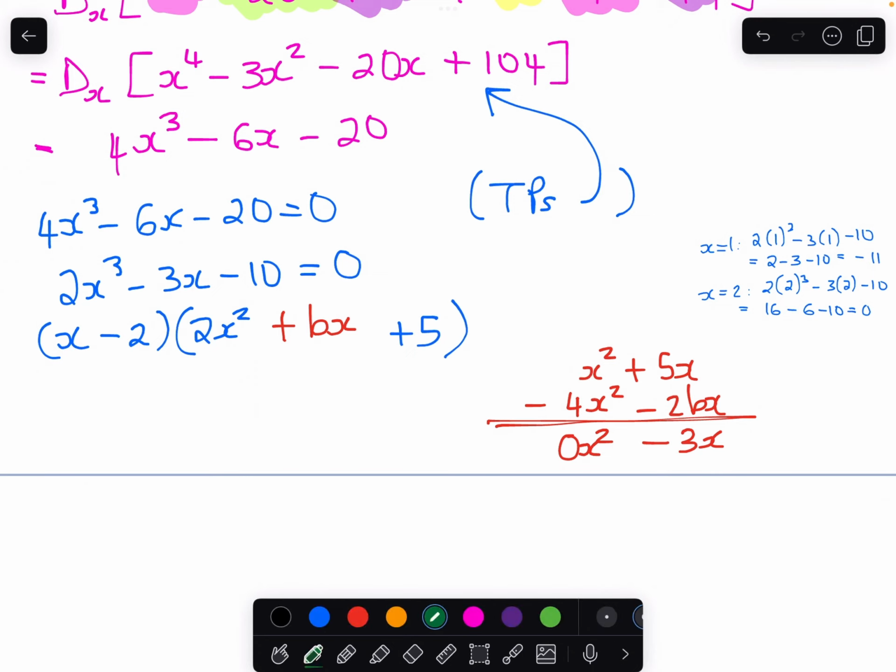So it is meant to be a 4, so that I have 4x squared minus 4x squared is 0x squared, and we can double check here. So 5x minus 2 times 4x, so this is minus 8x, does in fact give me minus 3x. So this does work here as well.